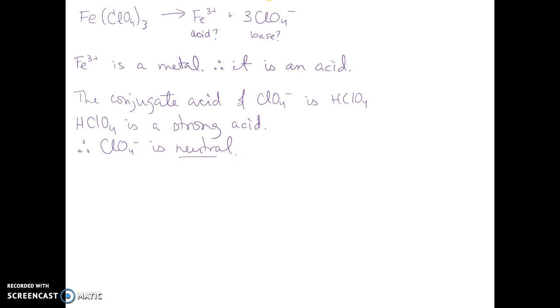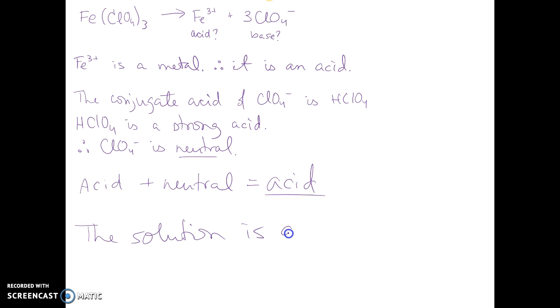Now we can add these up to determine whether the overall solution will be acidic, basic, or neutral. So we have an acid. Iron 3+ is an acid. ClO4- is neutral. So acid plus neutral equals acid. The solution is acidic.